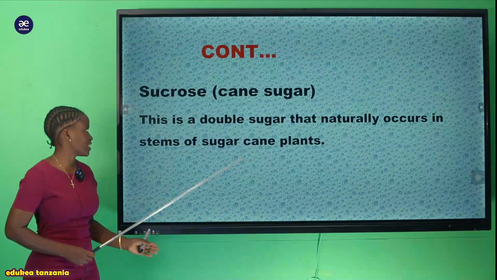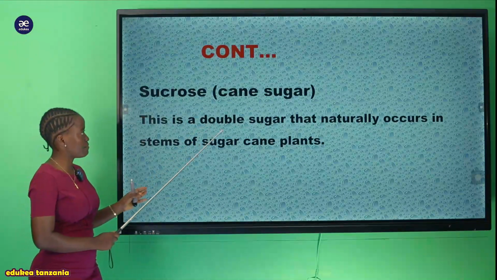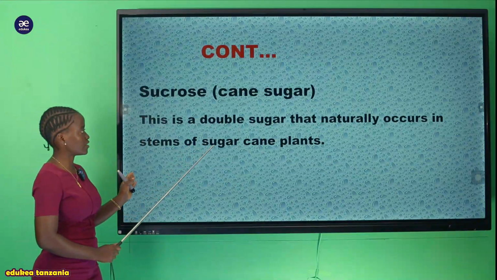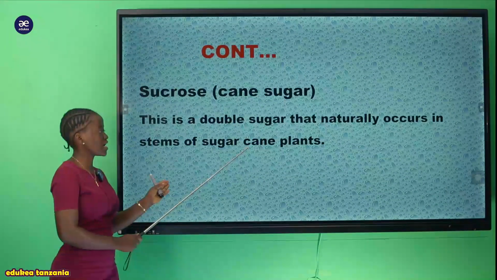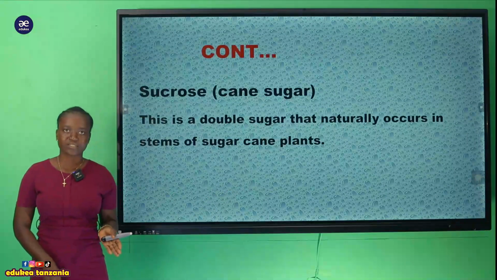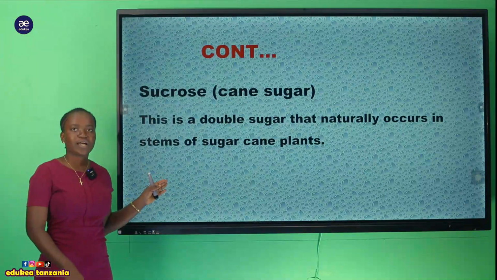And you can see this sucrose is a double sugar that naturally occurs in the stems of sugar cane plants.